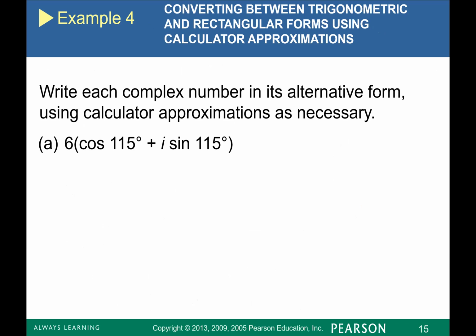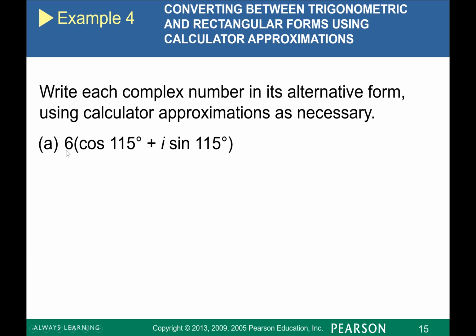I think you're thinking of 215. Yeah, probably. Let's see. Oh, it's 65. Now, is that an angle we know? No. So this one we're going to use calculator approximations. So make sure your calculator is set to degrees.